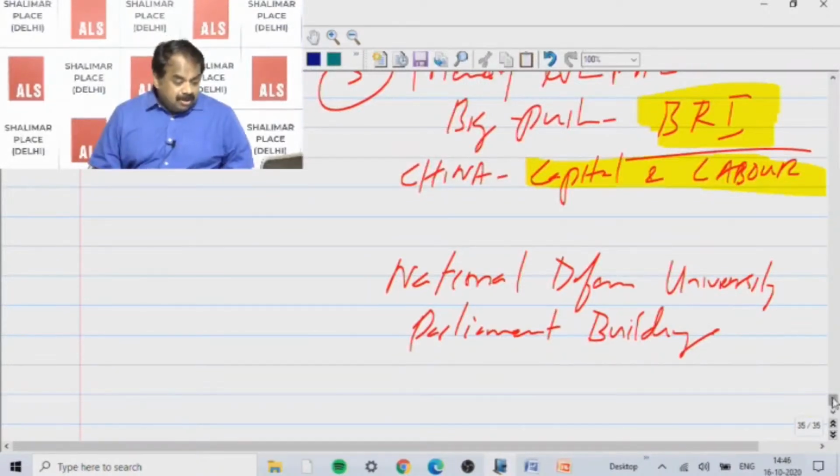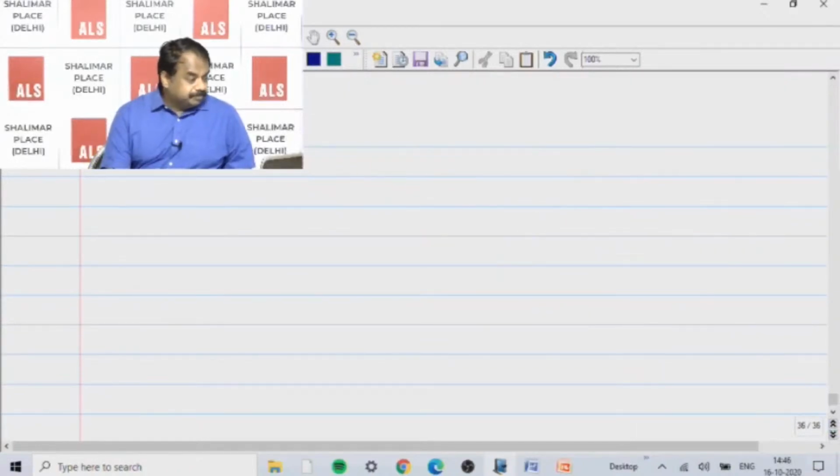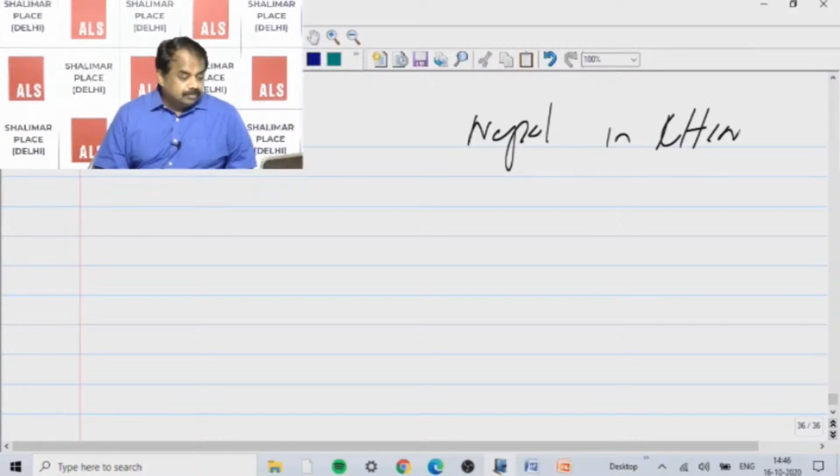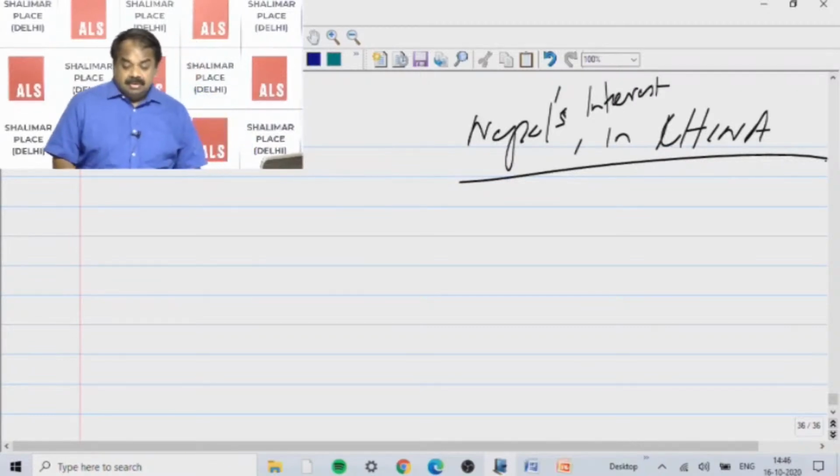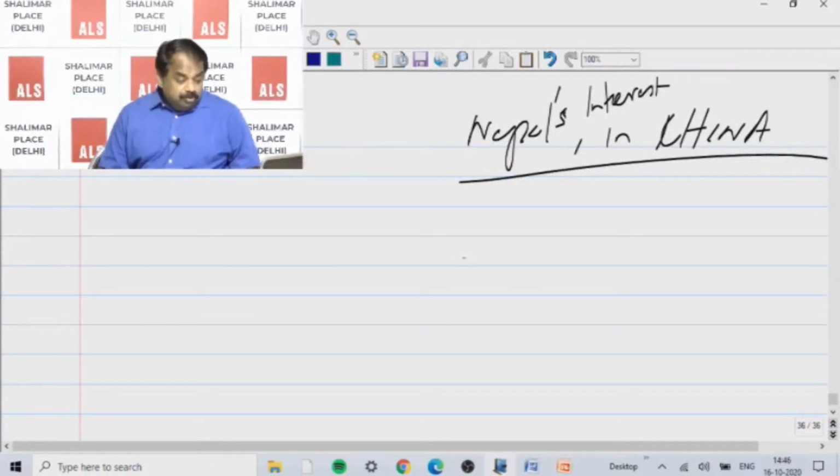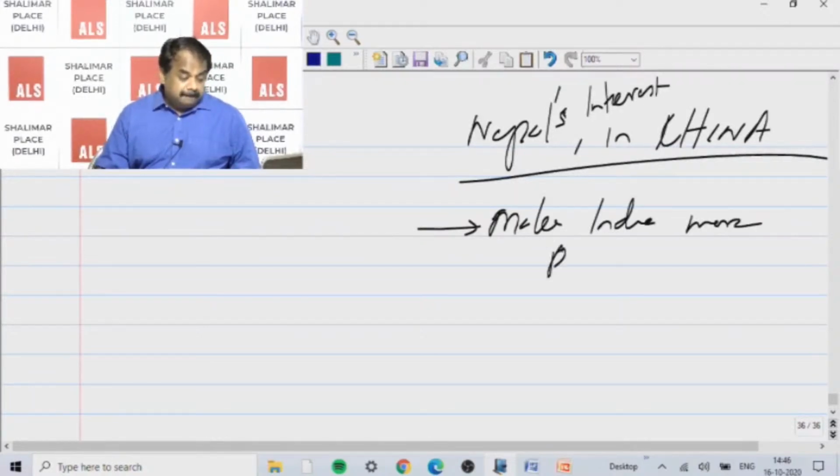Now, coming to Nepal's interest in China. First of all, any move to be friendly with China can definitely control India, or rather make India more receptive to Nepali concerns.